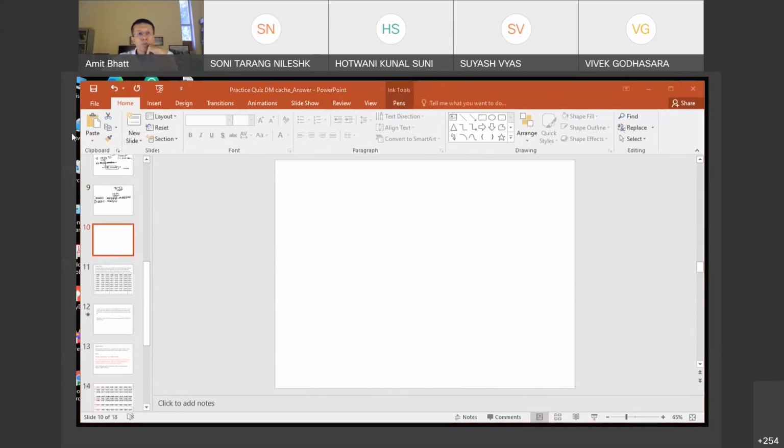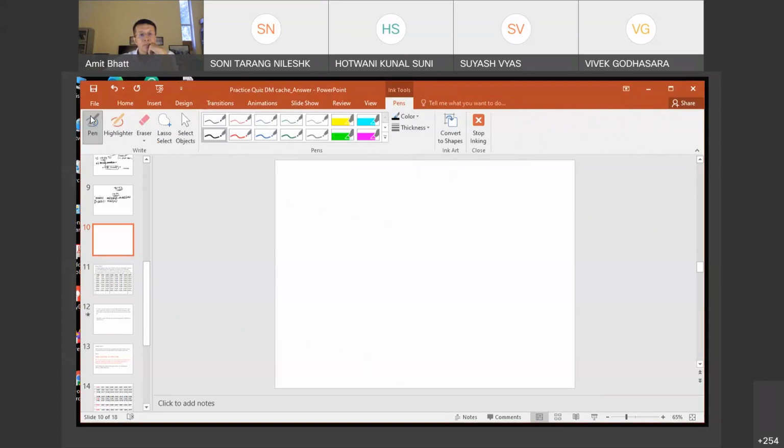So for the second loop, what are the elements which we are accessing?